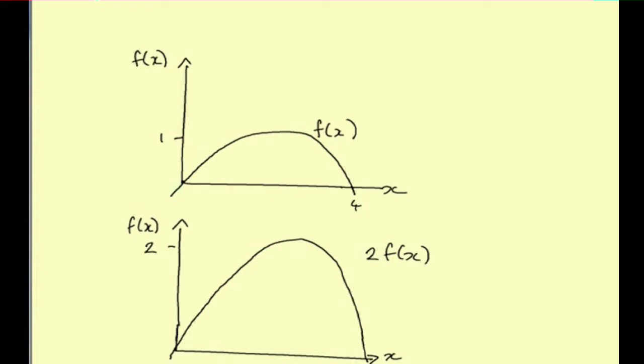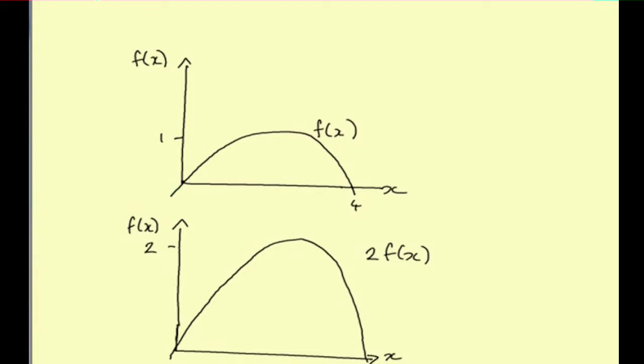Now let's look at the third way in which we can transform a curve, and that is a f of x. Let's have a look at the first graph here, f of x. What we're going to do here is 2f of x. This has the effect of stretching the graph up the vertical axis.